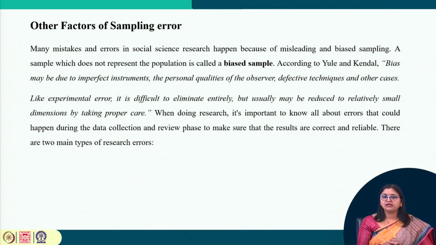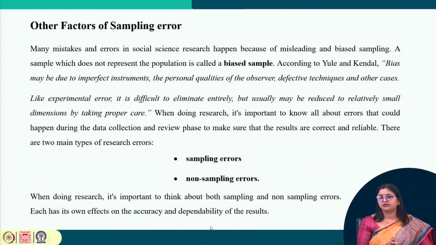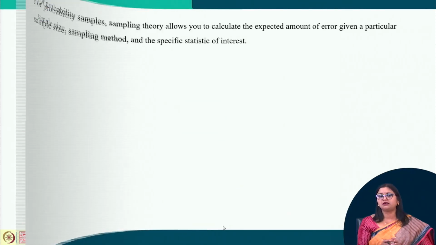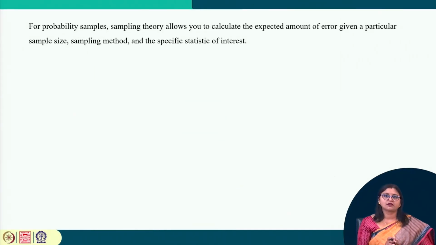There are two main types of research errors. We call them sampling error and non-sampling error. So, when doing research, it is important to think about both. Each has its own effect on the accuracy and dependability of the results of the research.